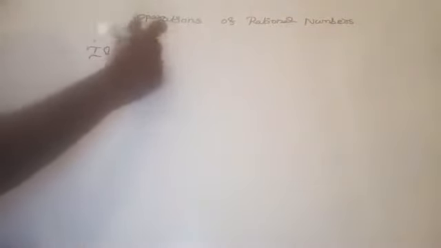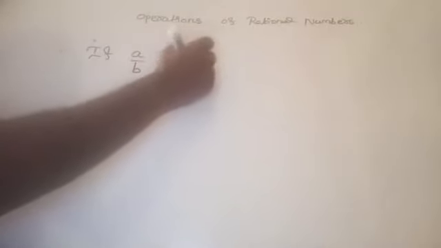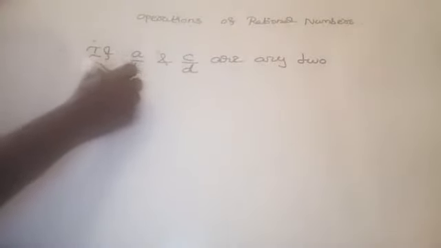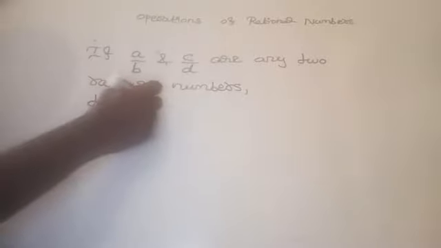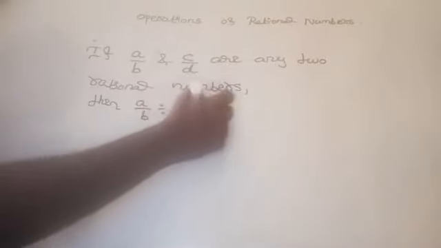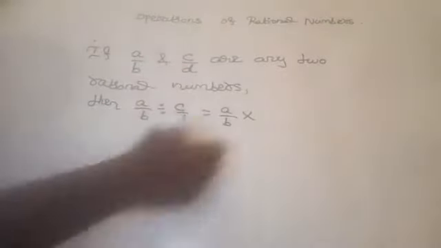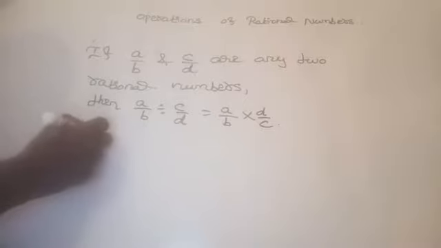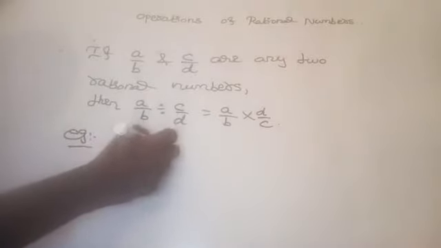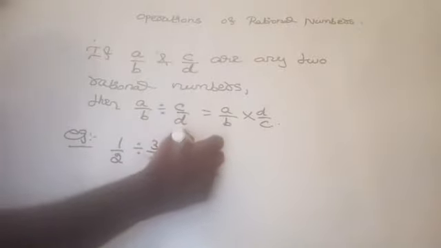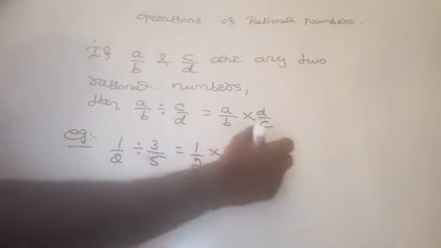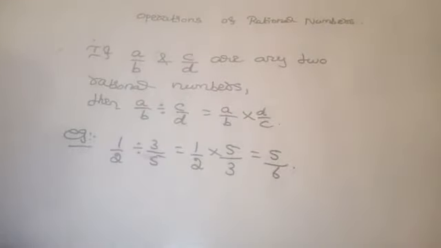If A by B and C by D are any two rational numbers, then A by B divided by C by D is equal to A by B into the reciprocal of C by D, that means D by C. For example, 1 by 2 divided by 3 by 5 can be written as 1 by 2 into 5 by 3. It is nothing but 5 by 6.